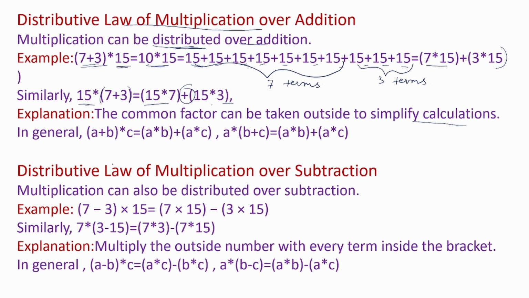In general, (a + b) multiplied by c is equal to a multiplied by c plus b multiplied by c. Another, a multiplied by (b + c) is equal to a multiplied by b plus a multiplied by c.